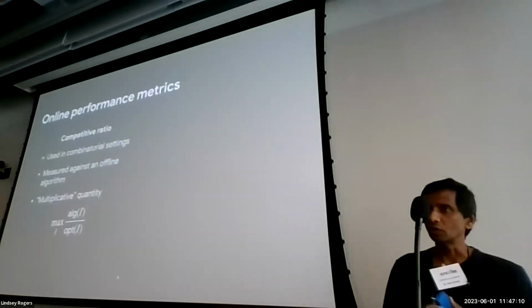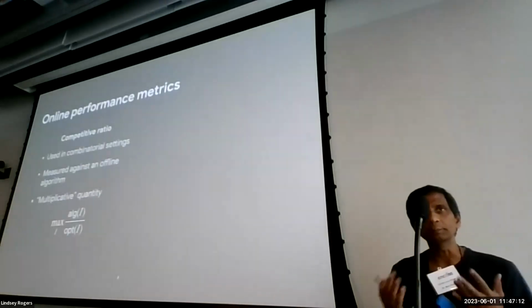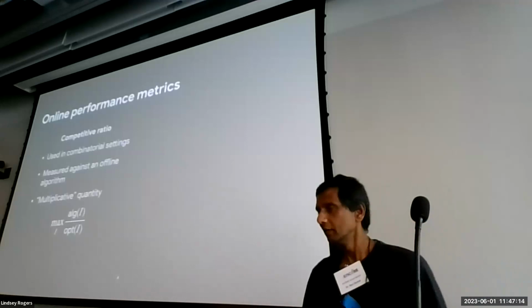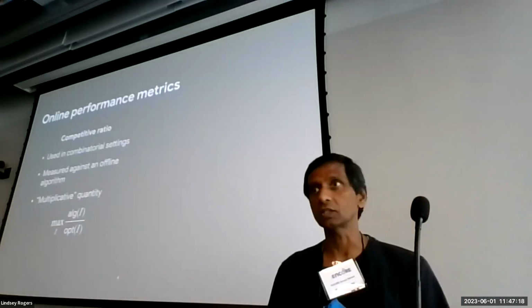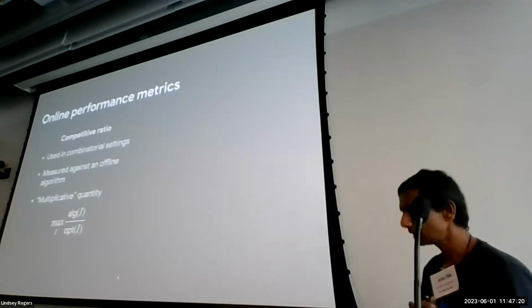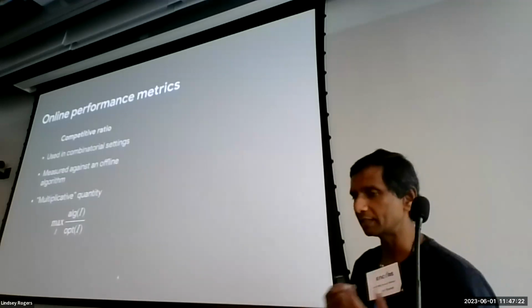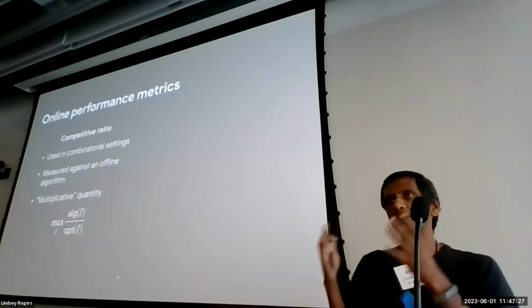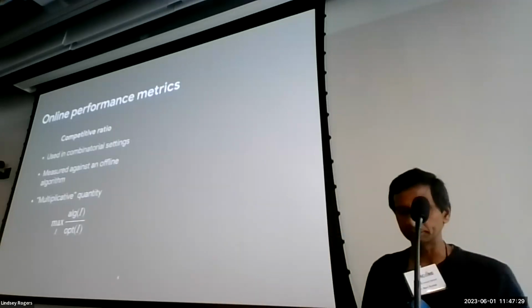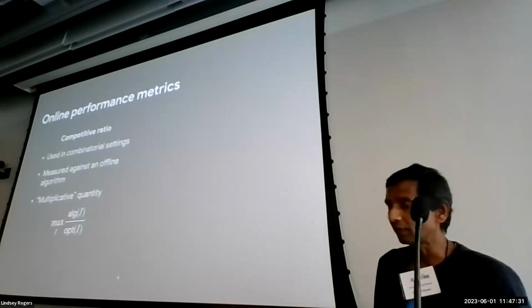To make it a little more concrete, how do we measure the performance of such a system? The classic metric used in online algorithms is the competitive ratio. It's typically used in combinatorial settings. It measures the performance of an algorithm against an offline adversary, an offline algorithm.